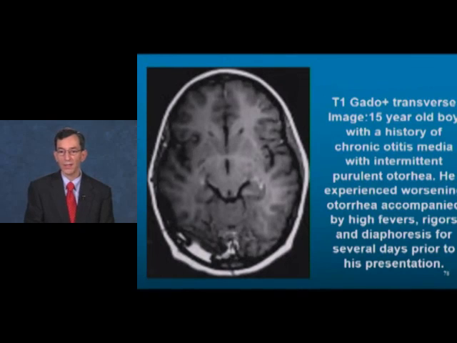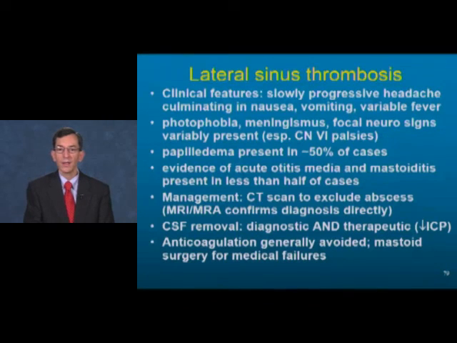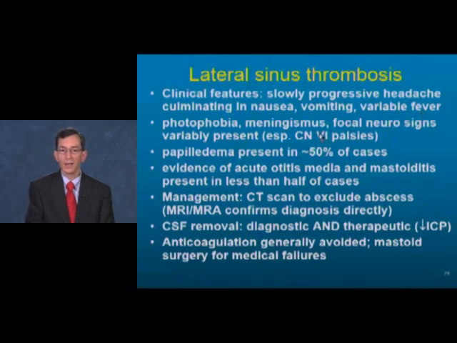mastoid, if present. So these patients present with progressive headache and then develop signs of increased intracranial pressure. They may have fever. They needn't have fever. And the extent of central nervous system symptoms depends on how far along the process may be.